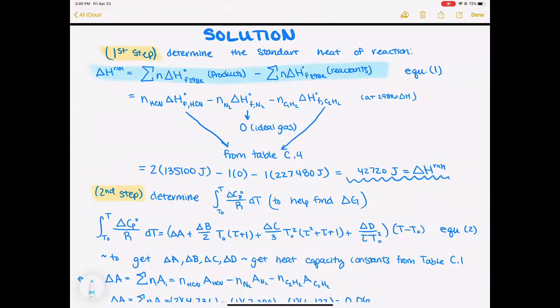So it's products minus reactants, and then you see it more explicitly. And then the values for this and this can be given in table C.4. Plugging and chugging into the equation, we get that the heat of reaction is 42,720 joules.